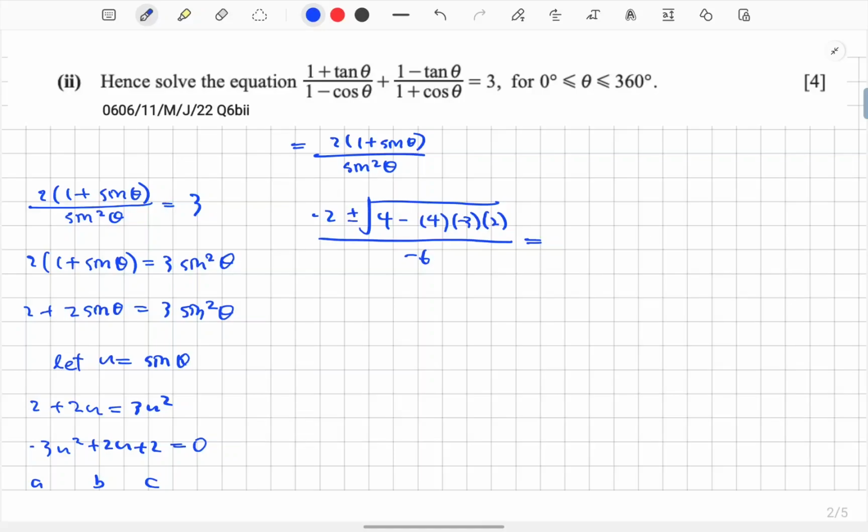And by using our calculator, we'll know the answers are negative 0.549 or 1.22. But note that this is the value for sine theta. We need to solve for theta.